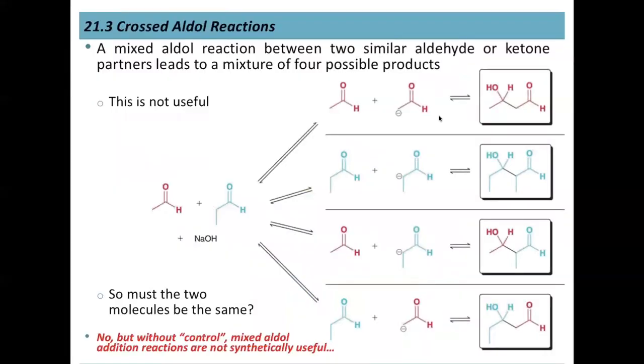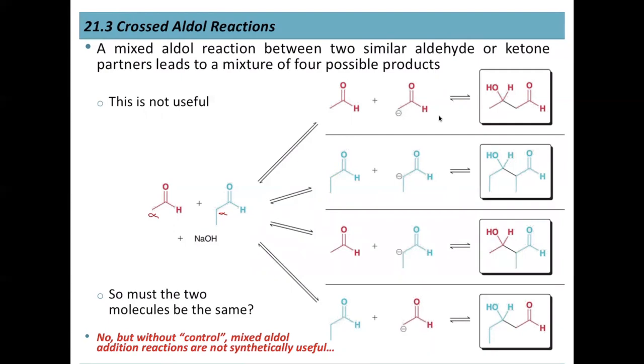So we can make this a little bit more complex by taking two different compounds with two different types of alpha protons. In this case, we're just going to take two different aldehydes, propanal and ethanal, and you can see they both have different alpha protons there. And if we look, we can see that we get a multitude of products.